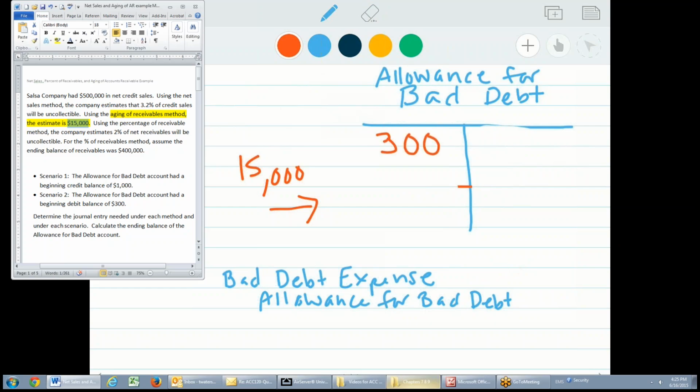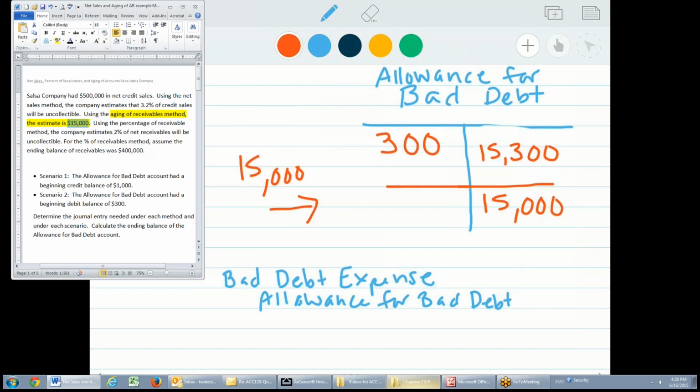How would I get from a $300 debit balance to a $15,000 credit balance? Well, I would add those two numbers. 300 plus 15,000 is 15,300. Another way to look at it is you need to credit the account for at least 300 to get it back to a zero balance, and then an additional 15 thousand.